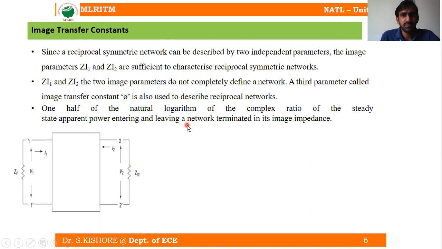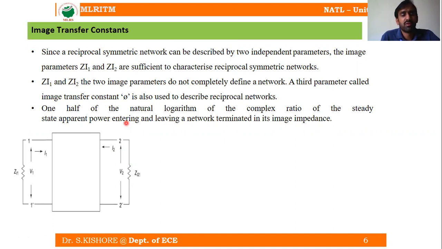But Zi1 and Zi2 may not be sufficient to completely define a network. Here we only have the transmission parameters A, B, C, D, but not the voltages and currents if we derive completely.